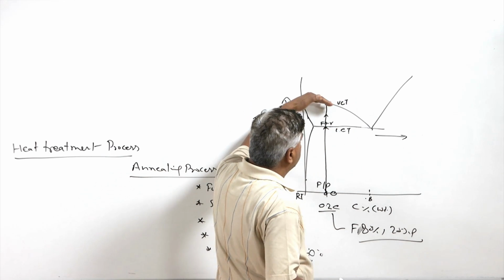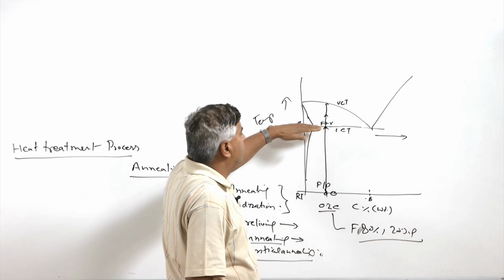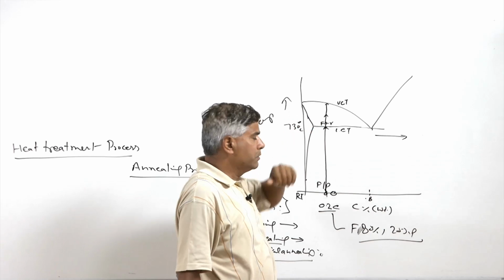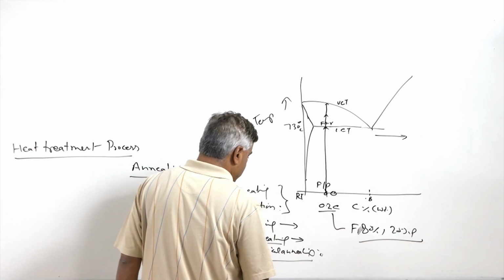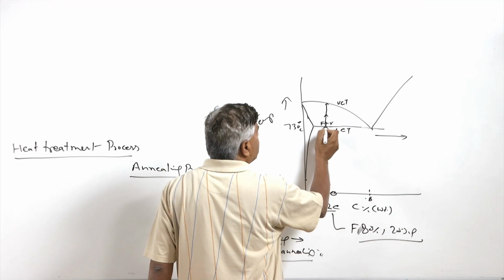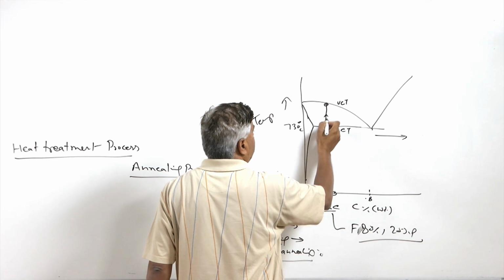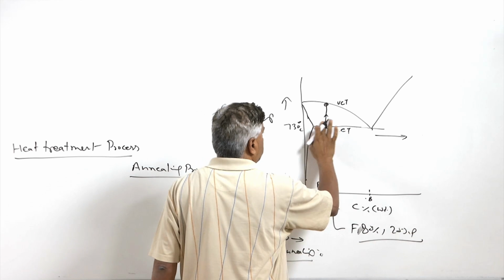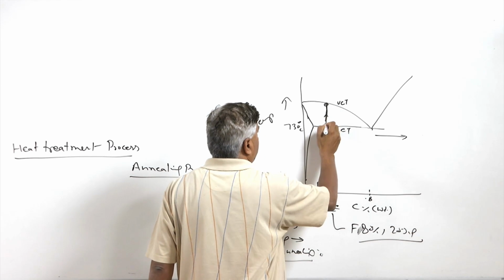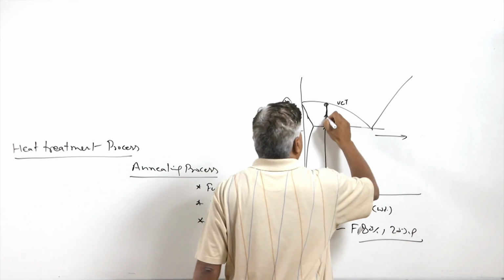On reaching the upper critical temperature, the whole of the ferrite will also transform into austenite. So what is done for intercritical annealing? Basically heating is done between the upper critical and lower critical temperature values. So this is the range for intercritical heating.